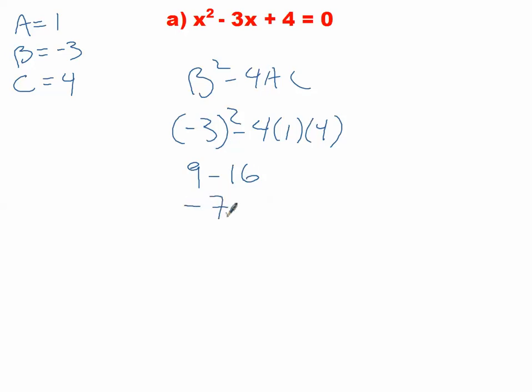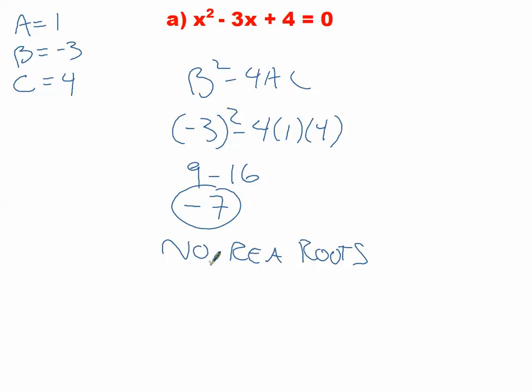How many roots do I have? 0. So this has no real roots, because we are dealing with imaginary numbers here. And so the discriminant is -7, and we have no real roots.